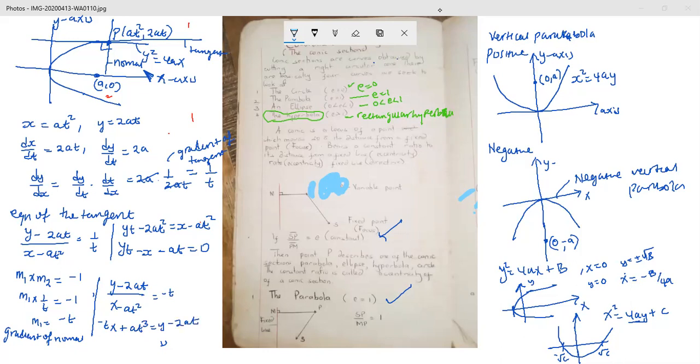When I simplify, I'll realize y plus tx minus 2at minus at³ is equal to 0. Then this becomes the equation of the normal. The other one has become the equation of the what? Of the tangent.